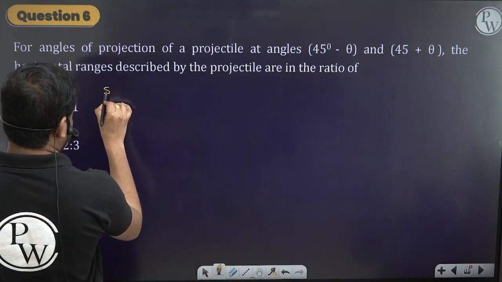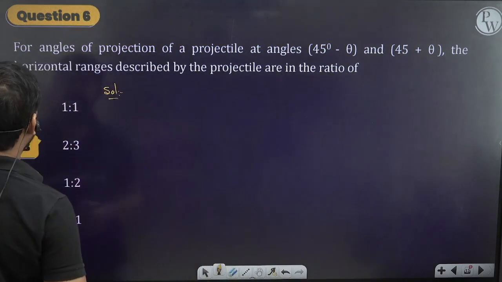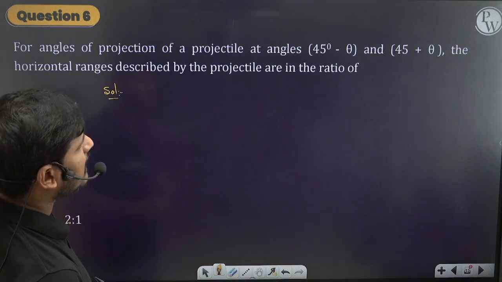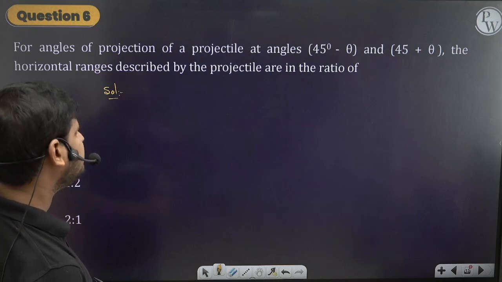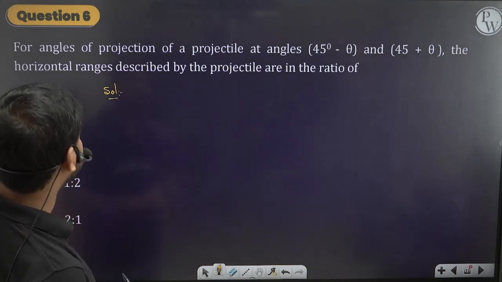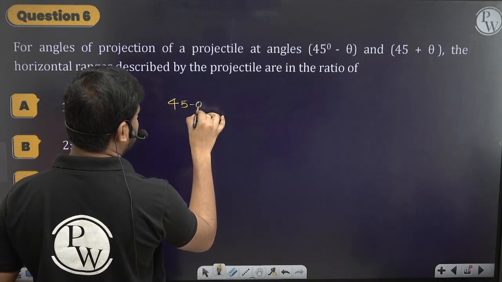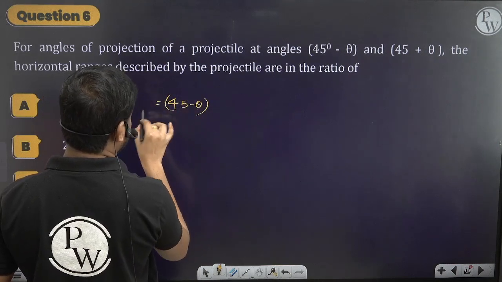See here, what does the question say? For angles of projection of a projectile, 45 minus theta and 45 plus theta, the horizontal ranges described are in what ratio? Let the first angle be alpha, 45 minus theta.